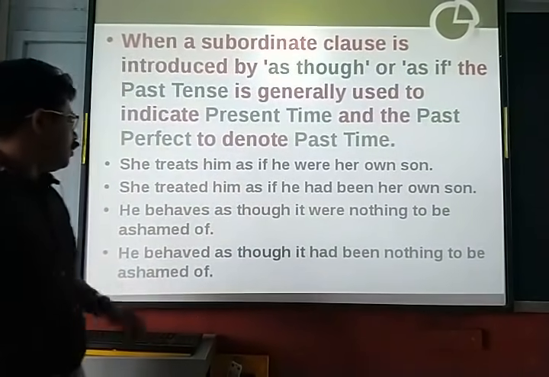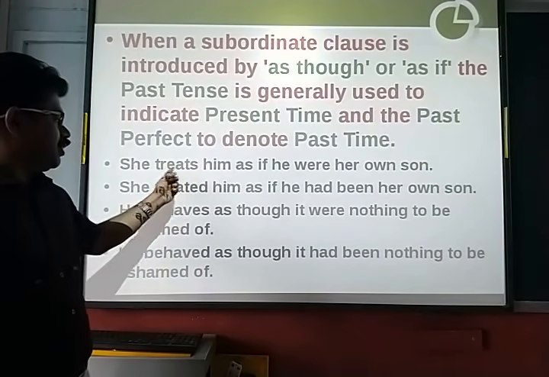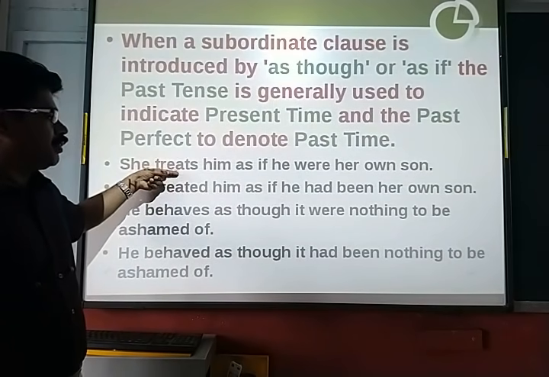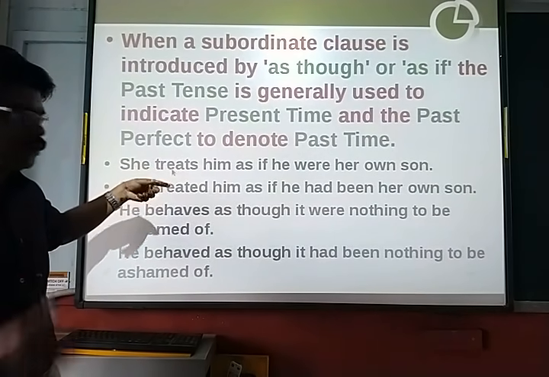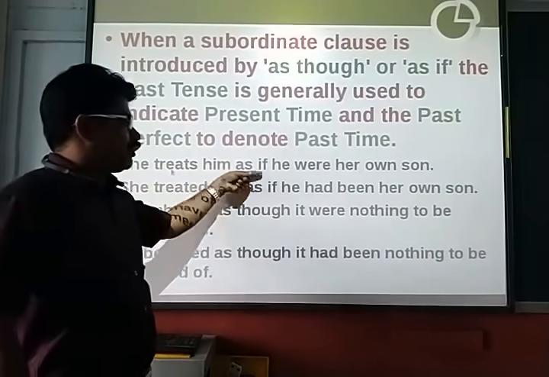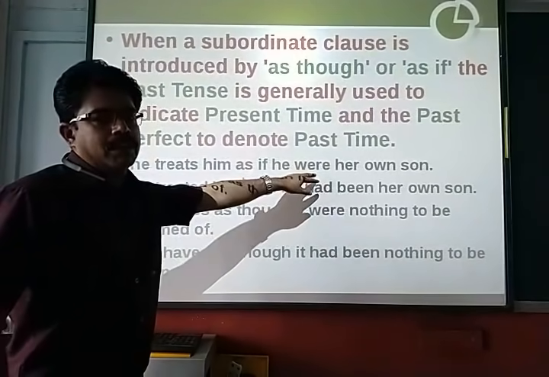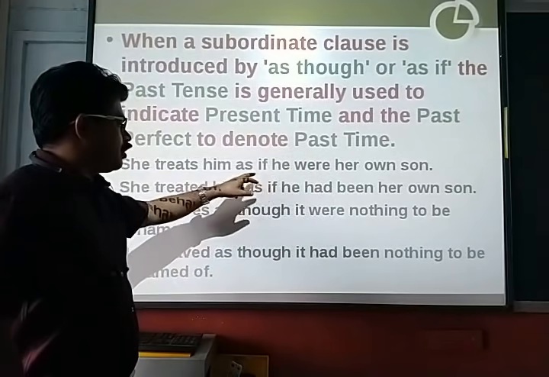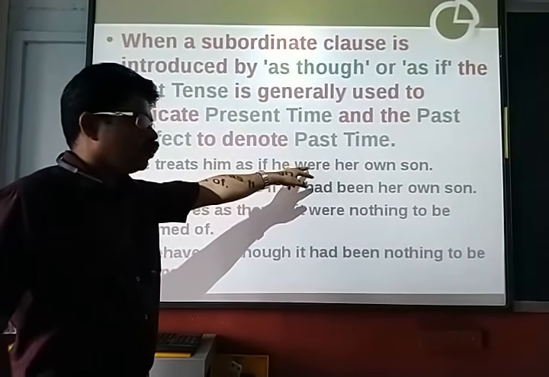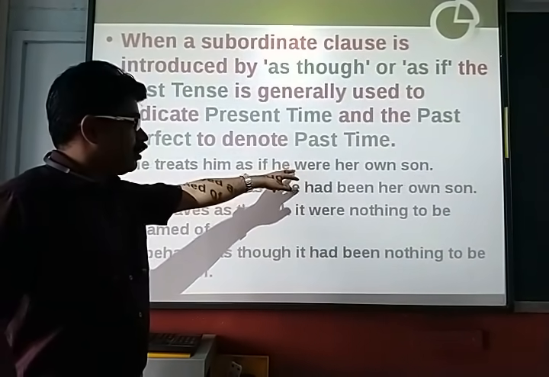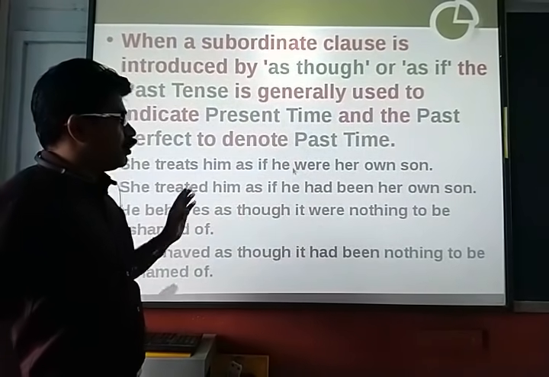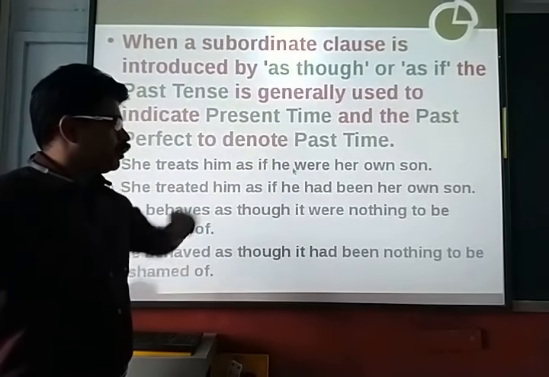Let's take an example. She treats him, this is present, even now she is doing it. She treats him as if he were her own son. Were. She did not use he is or any present form there.